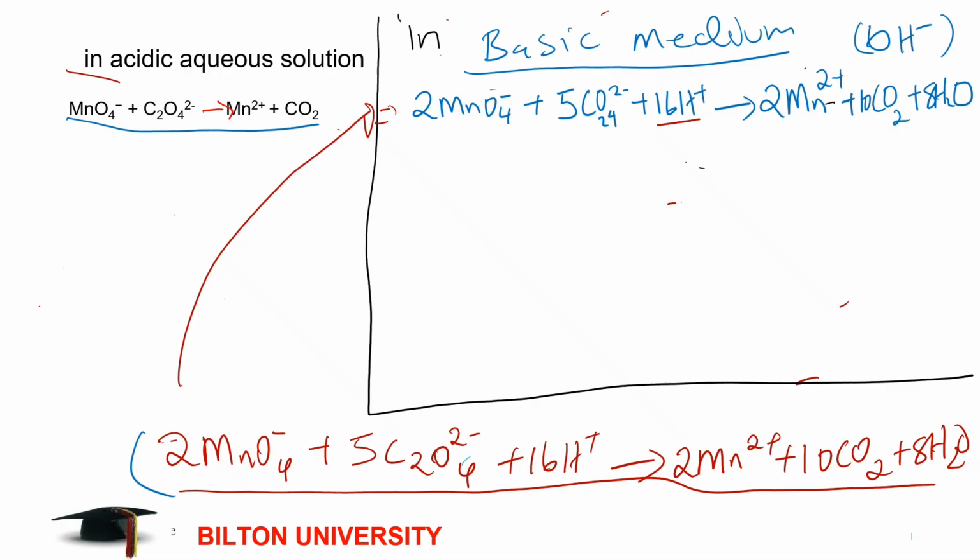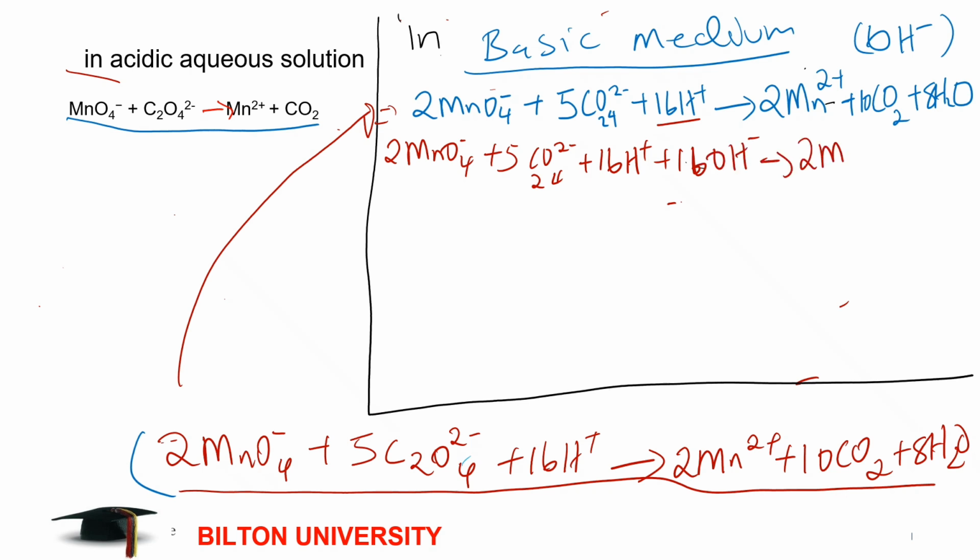That's going to make us have 2MnO4- plus 5 C2O4 2- plus 16 H+ plus 16 OH-, giving us 2 Mn2+, 10 CO2, plus 8 water molecules plus 16 OH-. Okay, so that's what we have.